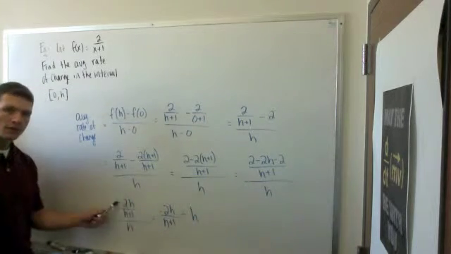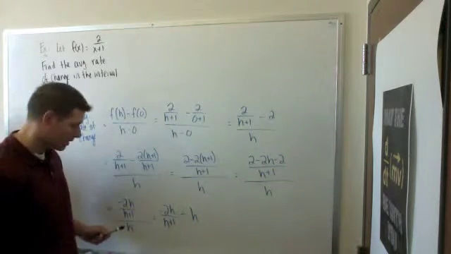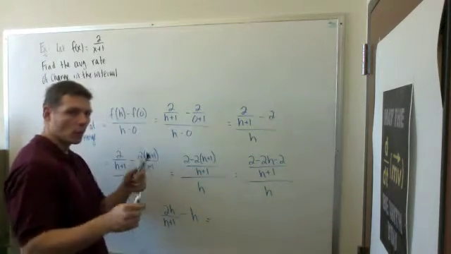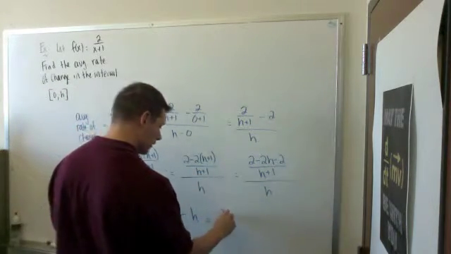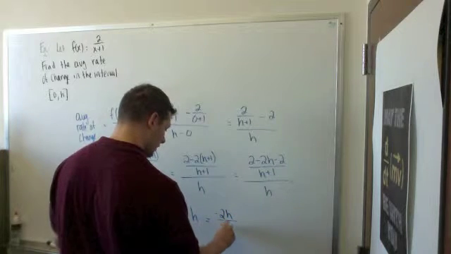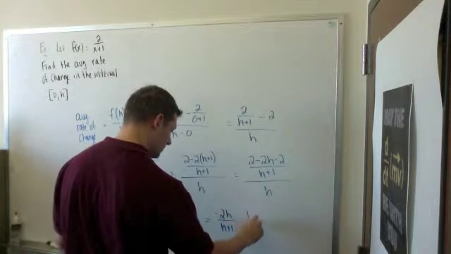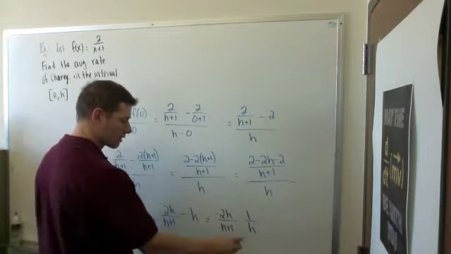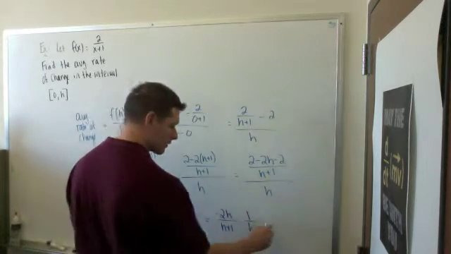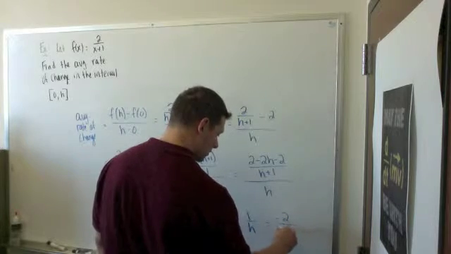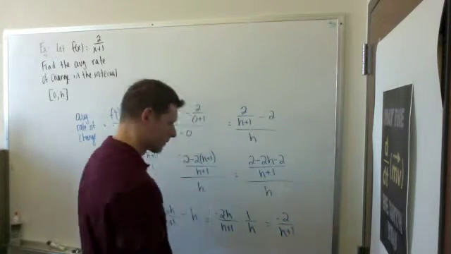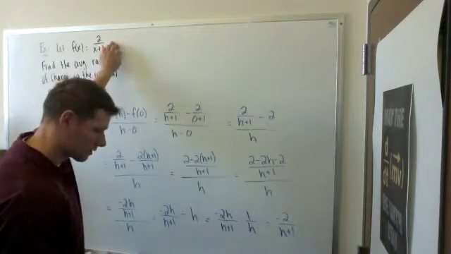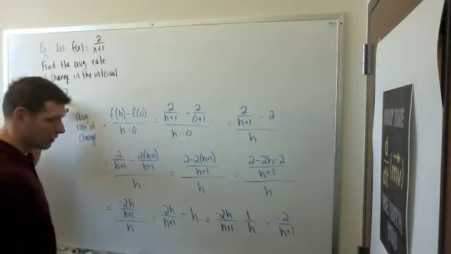Now what that means? This fraction divided by that guy. Okay? And division, of course, means multiplication by the reciprocal. So I'll have negative 2h divided by h plus 1 times 1 over h. Those two things cancel, don't they? Right? So I'll get negative 2 over h plus 1. So this is the average rate of change of this function from 0 to h.